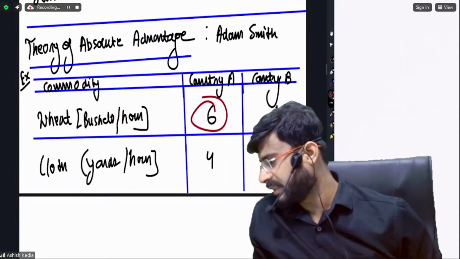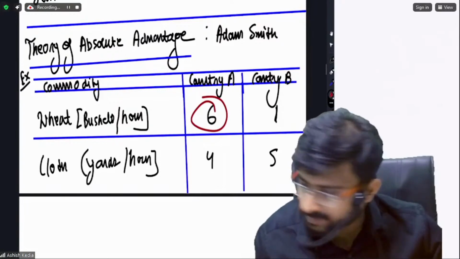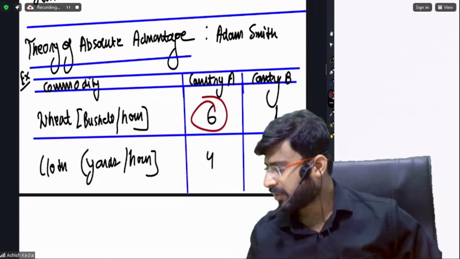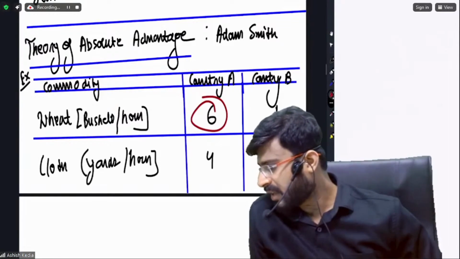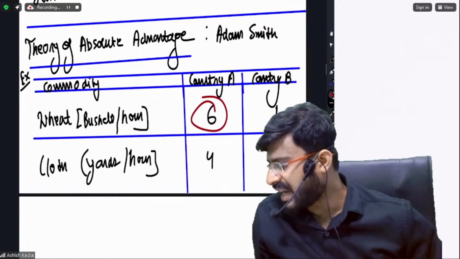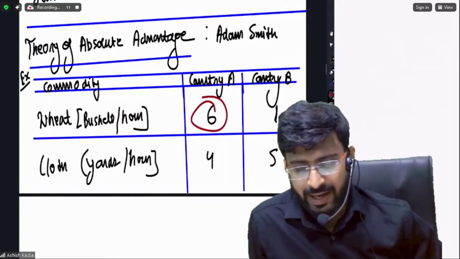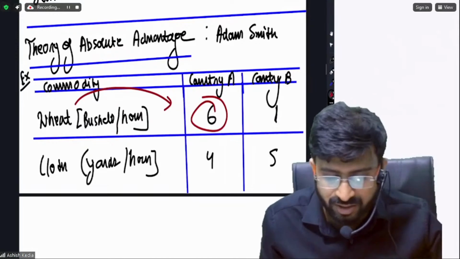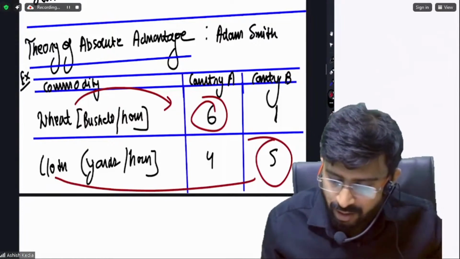So the answer is, friends, country A has absolute advantage as far as wheat is concerned, while country B has absolute advantage if cloth is concerned.